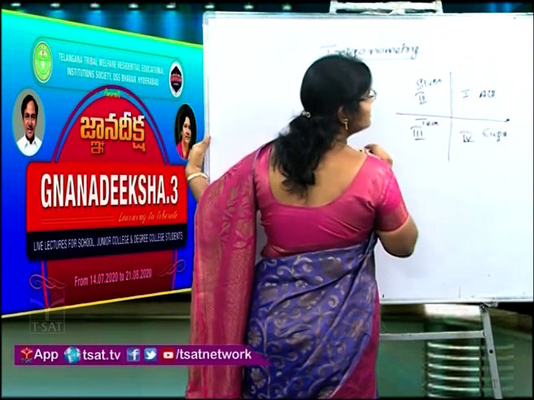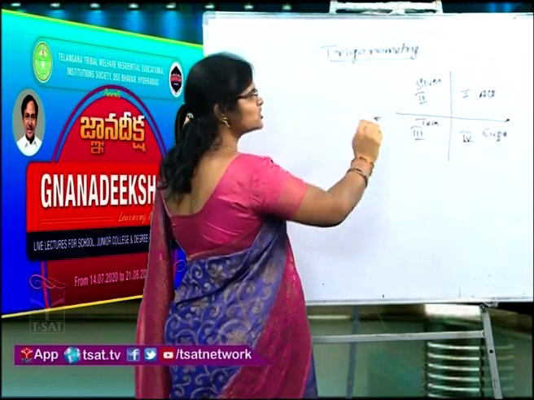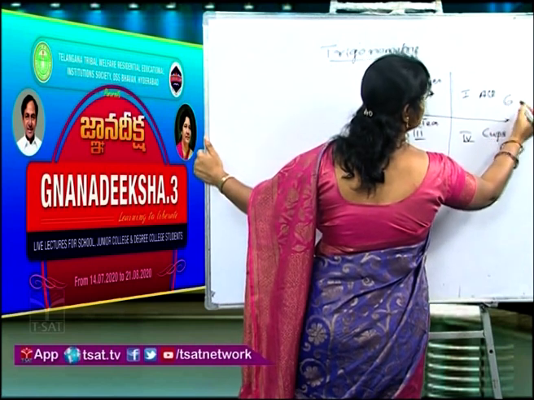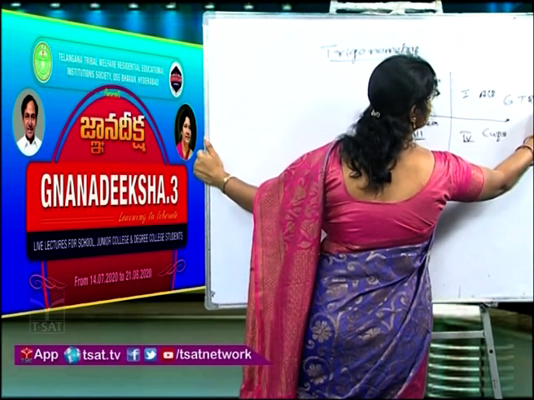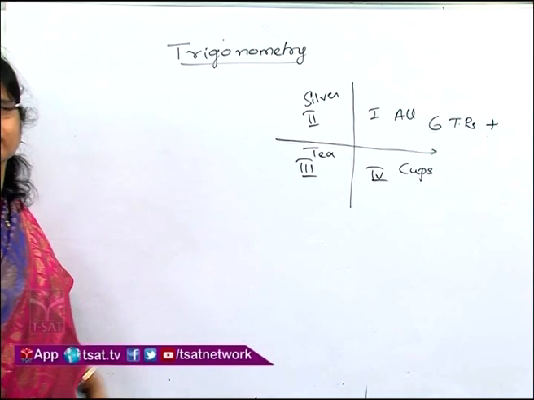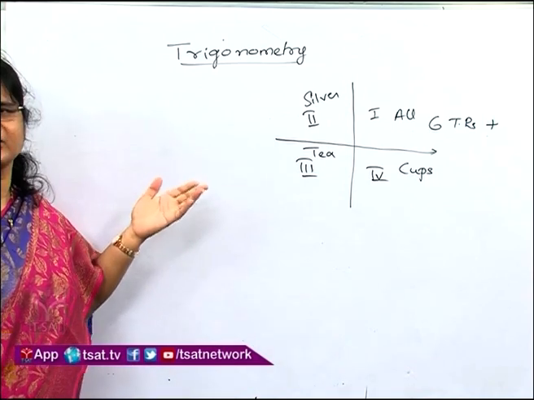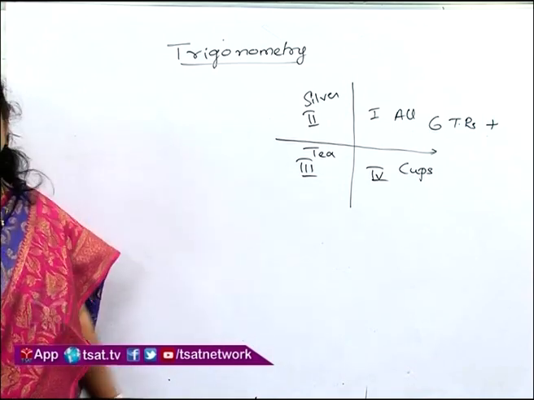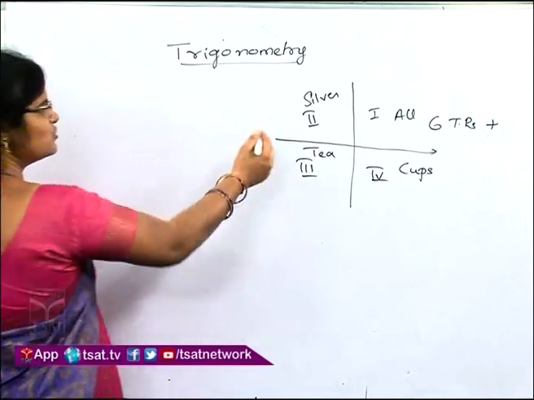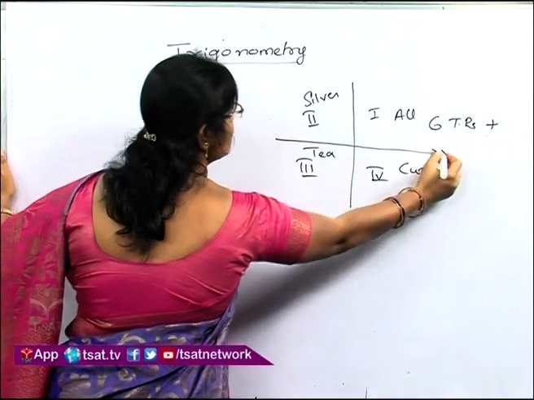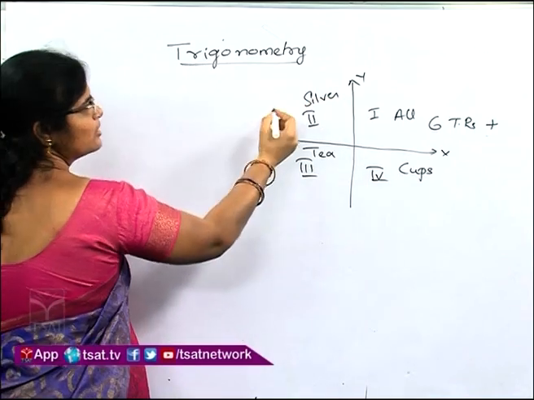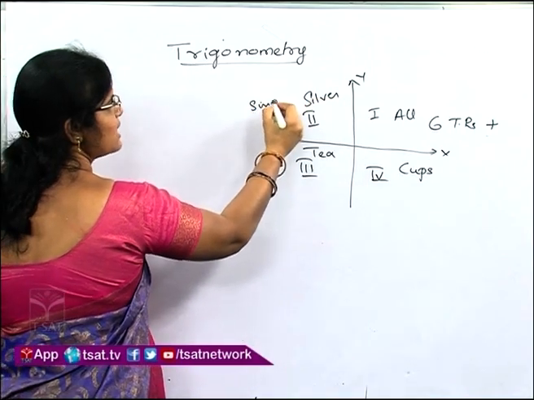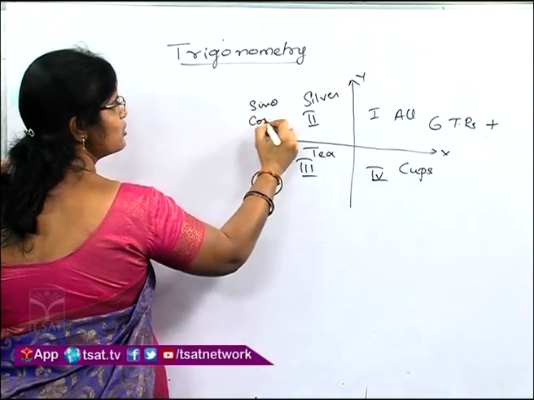Now, All means what, children? Here in the first quadrant, all means all 6 trigonometric ratios are positive. How many trigonometric ratios are there? 6, just now we have seen. So all 6 are positive in the first quadrant. In the second quadrant, children, this is the x axis, this is the y axis, Silver means sine, and the reciprocal of sine is cosec.